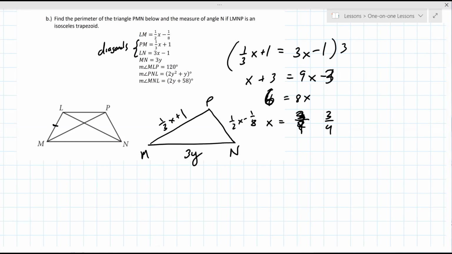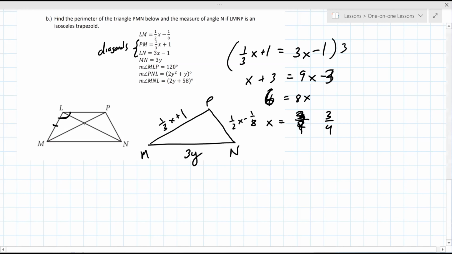All right. So we're almost there. But you've got x. You can put those values in. Fine. We need to do something with the angles here. MLP, M to L to P. That's this angle here. PNL. It's that angle there. That's not especially useful.